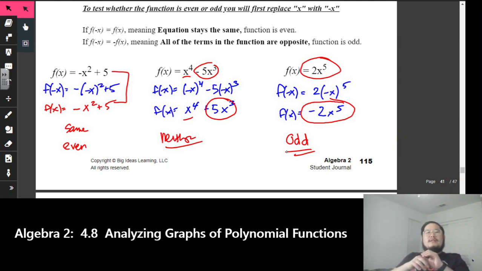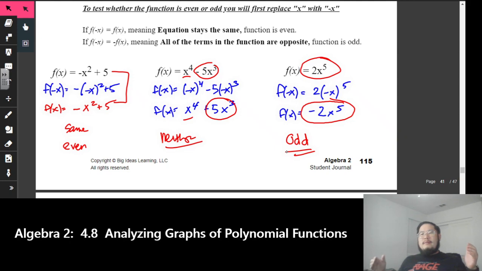If you have repeated solutions, then that tells you it will be either intersecting or just touching the x-axis. As far as understanding where your maximum and minimum is, we're not going to worry too much about that because realistically, you're going to use a graphing calculator if you had to do stuff in the real world.